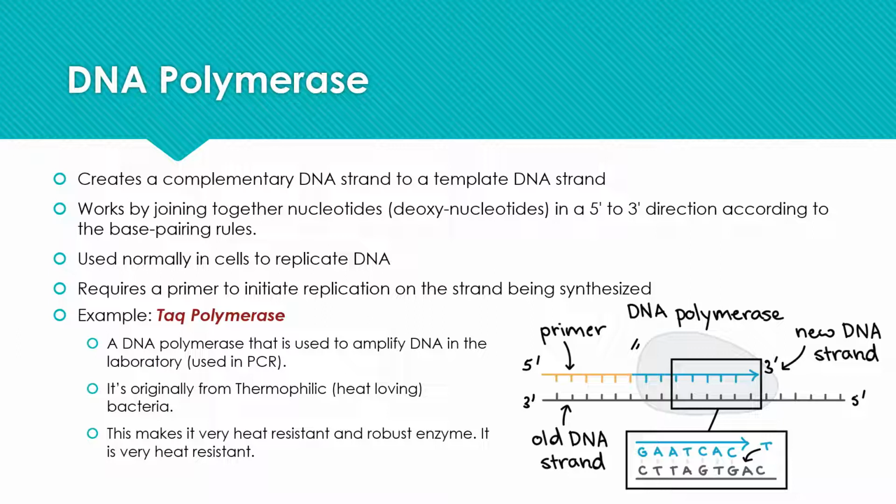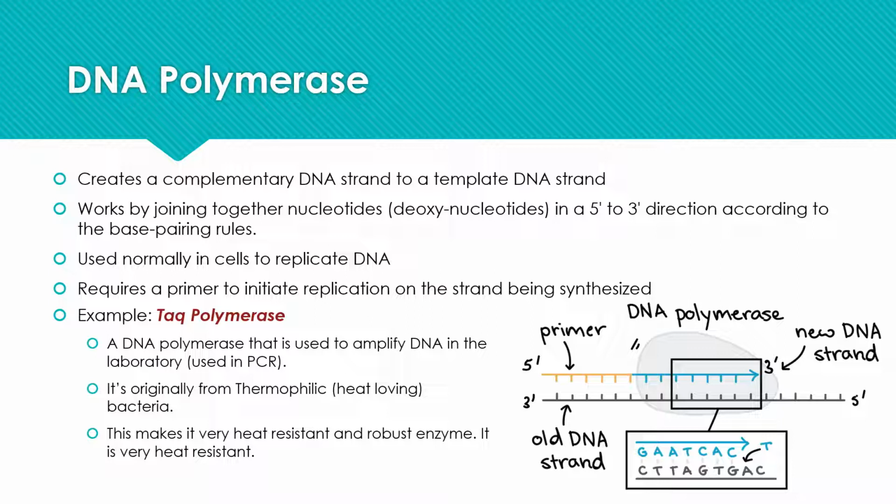Because it comes from those thermophilic bacteria, it is able to withstand high temperatures, and it's really robust as an enzyme, which is great because it means we can put it in scenarios with high temperatures and it won't denature, and we can keep it working. If you think back to when we talked about enzymes, because they're proteins, they can denature under really high temperatures.